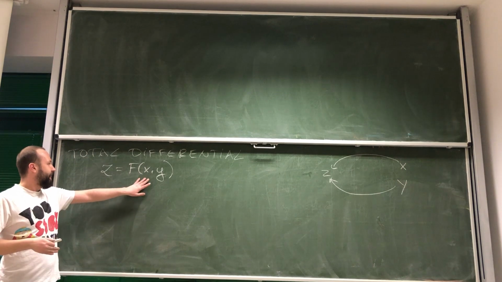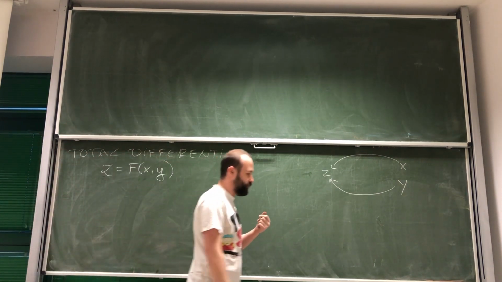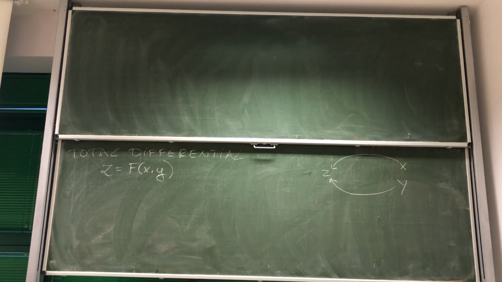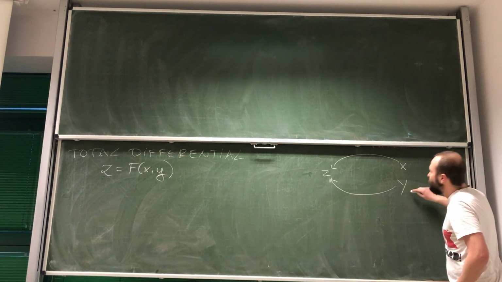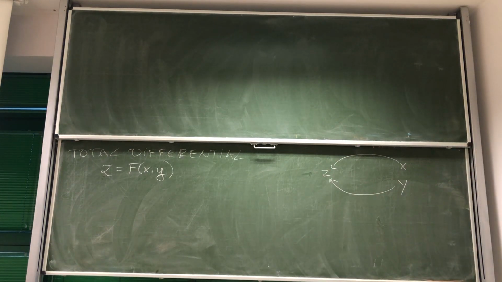Function f, and each of these influences z individually. Okay, so look, in this case, when we calculate differential, we can calculate actually two differentials. Because look, now we have two possible sources of change in z.